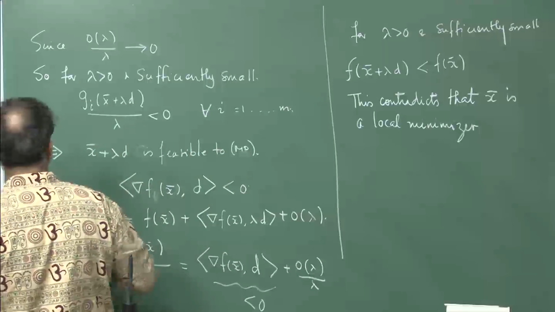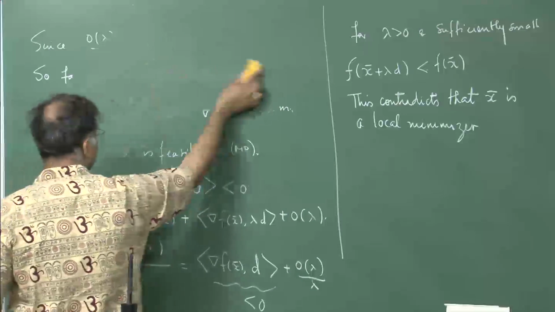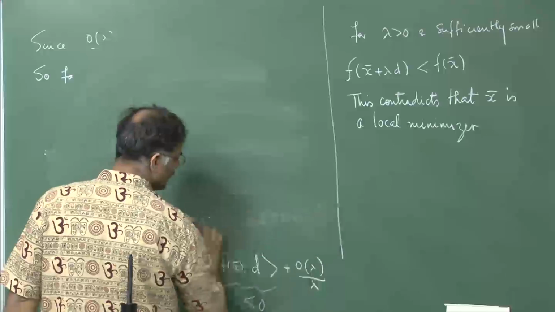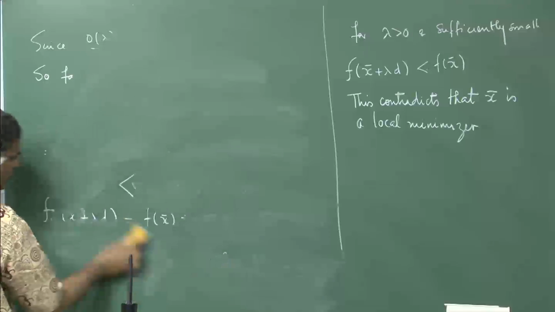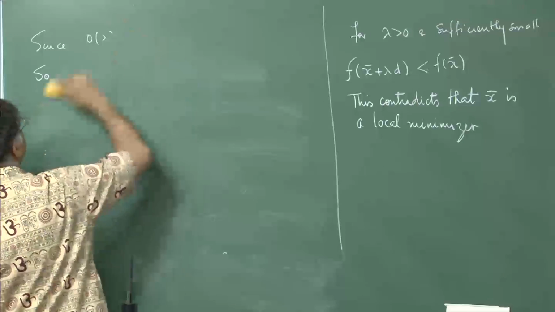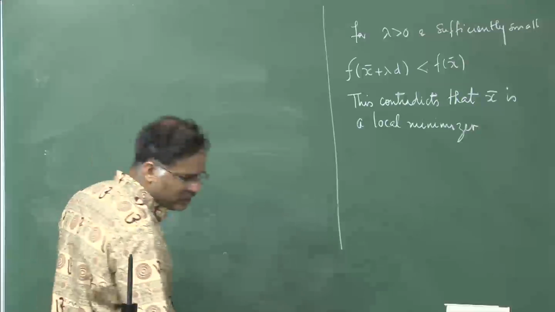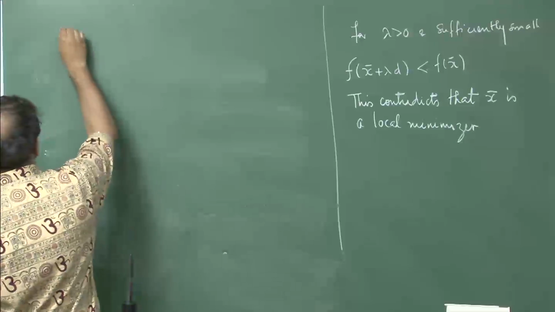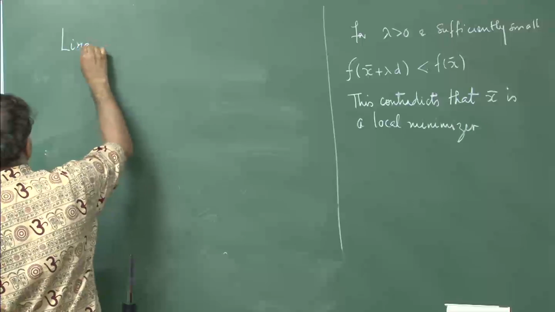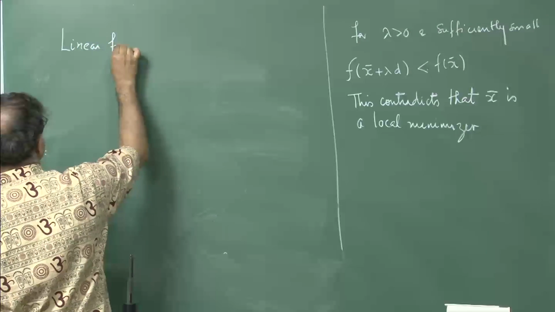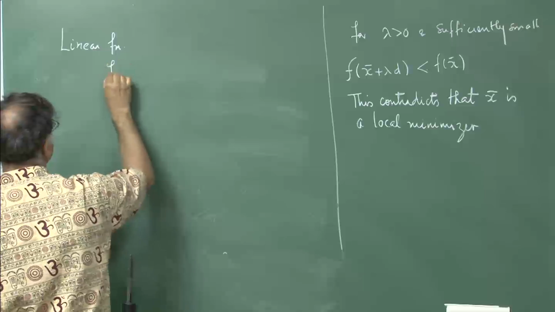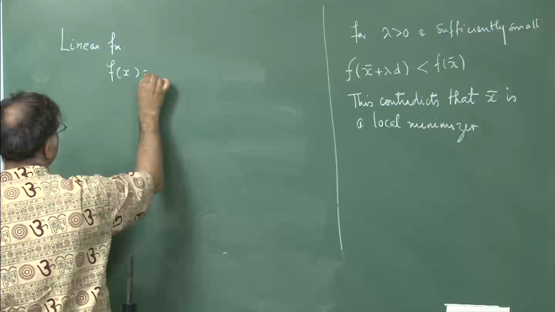So let us try to apply what is there. We know what a convex function is, what a convex set is. What is a very important example of a convex function is a linear function. A linear function is a function f(x) which is given in terms of the inner product.